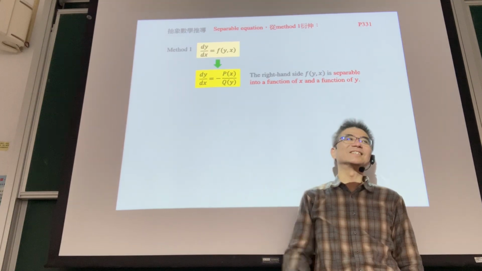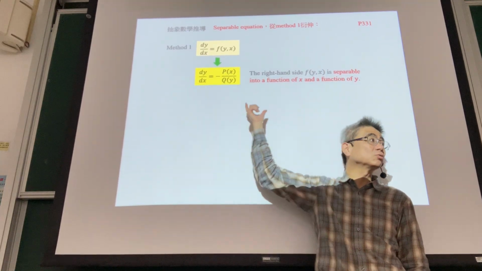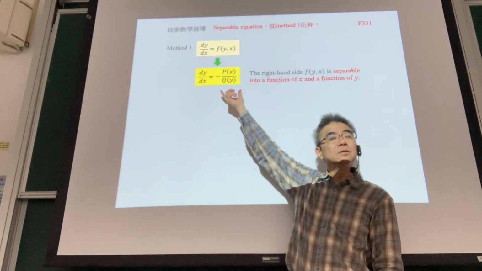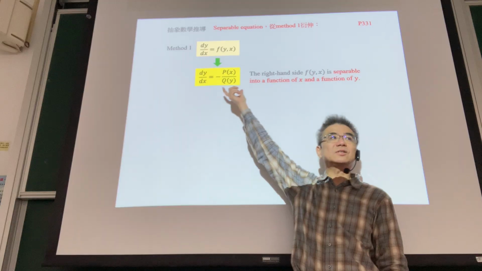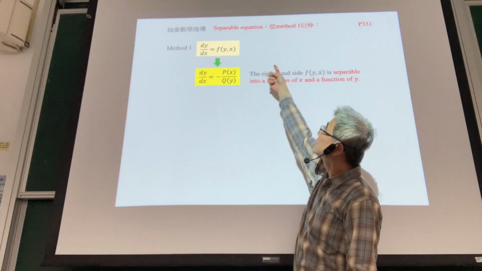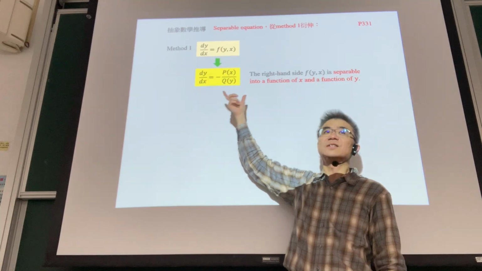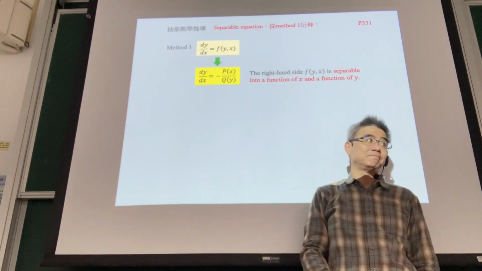Okay, this is a special case. 这是特殊的一个情况。I'm going to show you, for this kind of equation, the separable equation, we call it the separable equation, and the same method could be applied here.